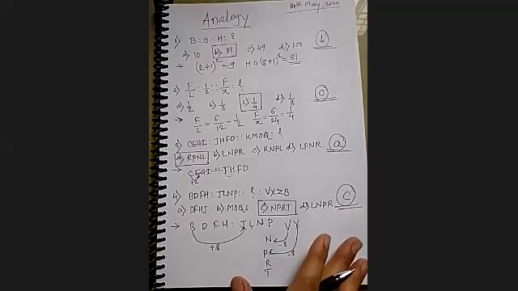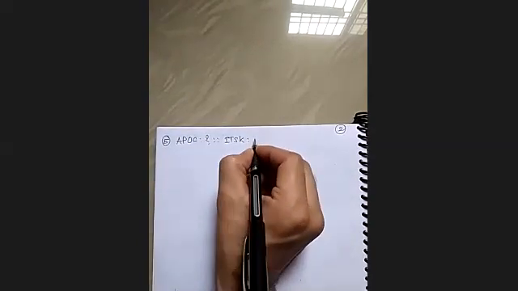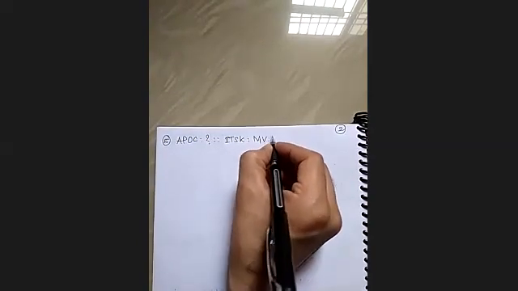Okay. So next one, the fifth one, we can consider. Carefully go through this logic. APOC, question mark, ITSK having relationship with MVUN.